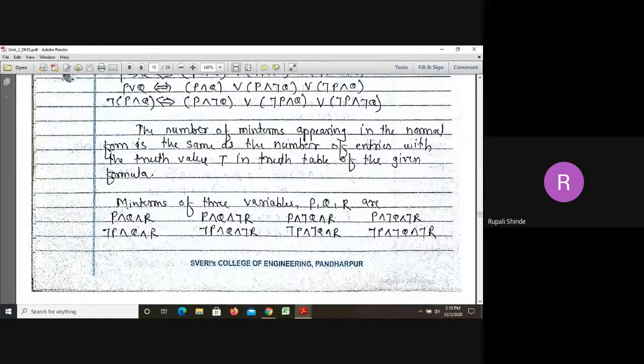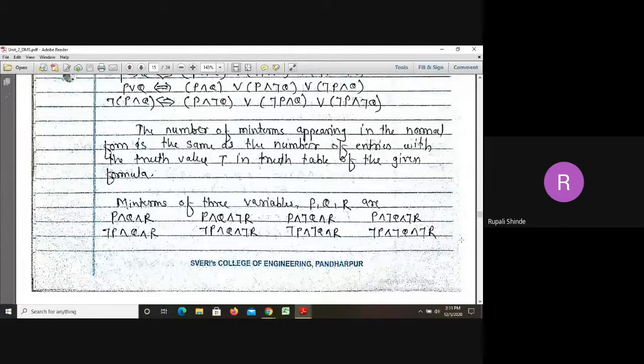First one is P and Q and R. Second one P and Q and negation R. Third one P and negation Q and R. Next one P and negation Q and negation R. Then negation P and Q and R, negation P and Q and negation R, negation P and negation Q and R, and the last one negation P, negation Q and negation R.